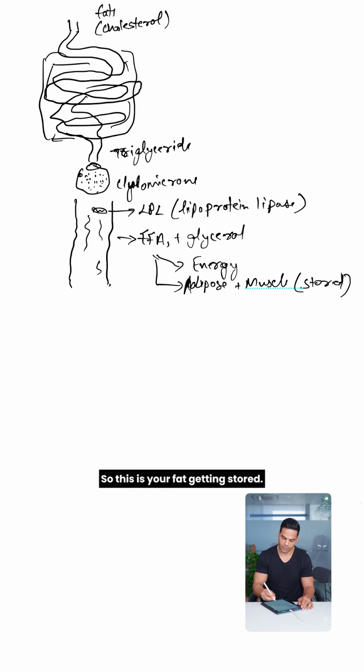So this is your fat getting stored. Now obviously from the bloodstream, the chylomicrons will also take excess amounts of free fatty acids which are in circulation to your liver.